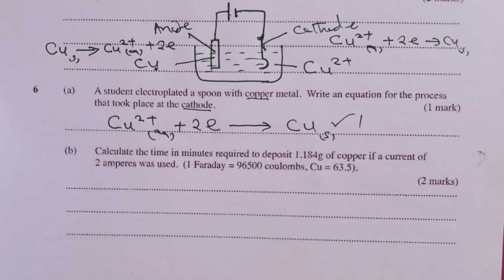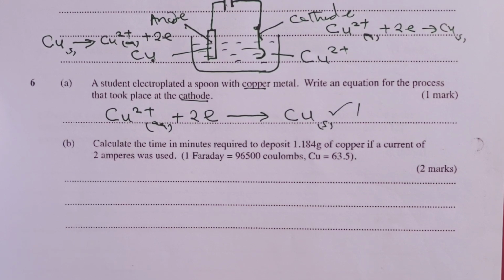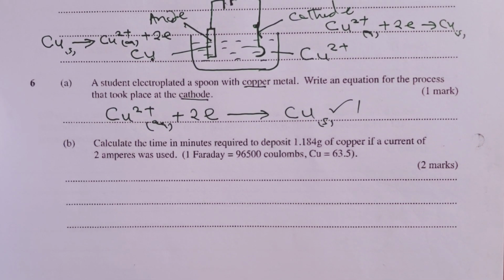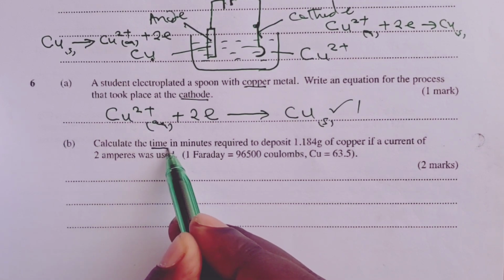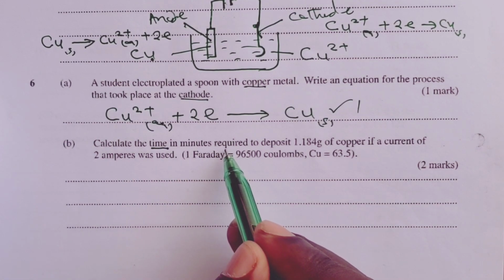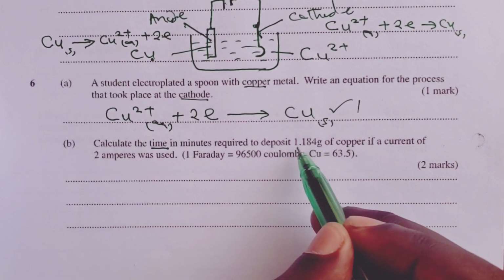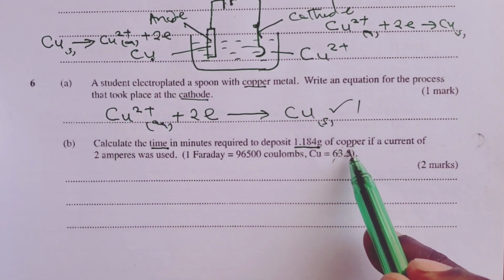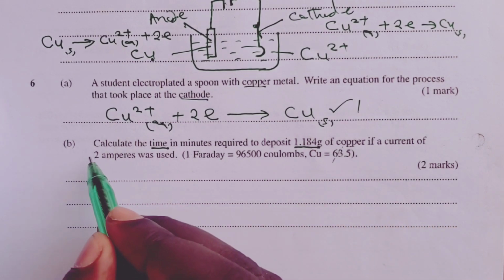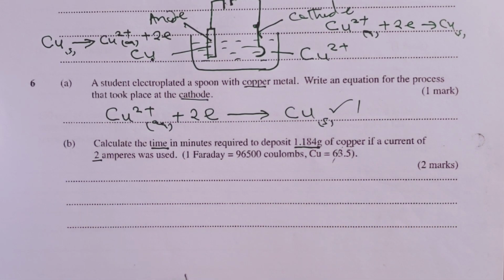Part B talked about quantitative treatment of electrolysis, and we were asked to calculate the time in minutes required to deposit 1.184 grams of copper if a current of 2 amperes was used.